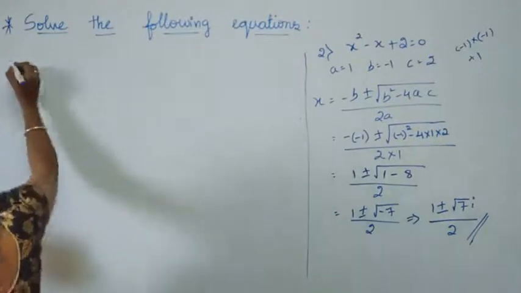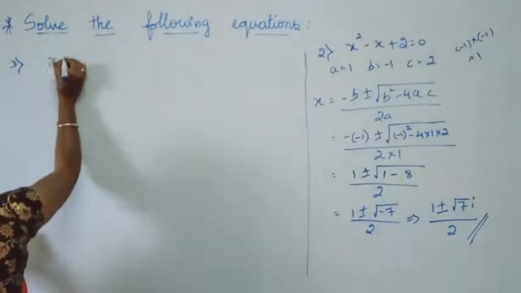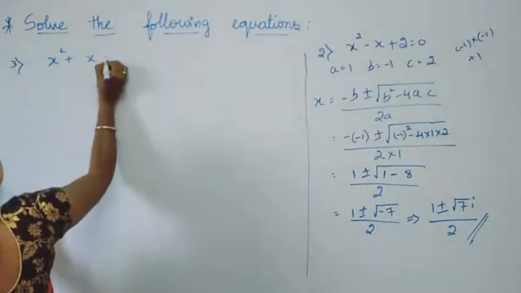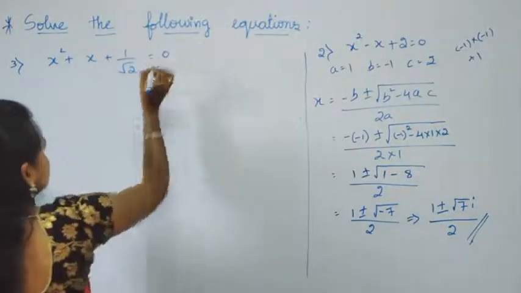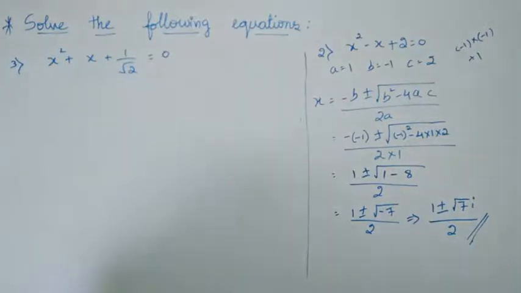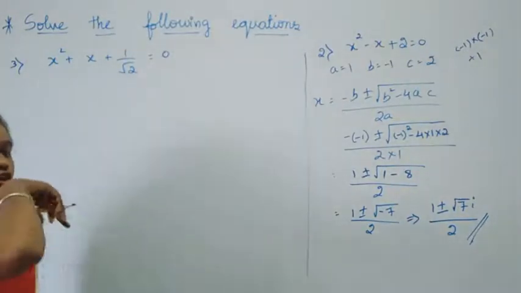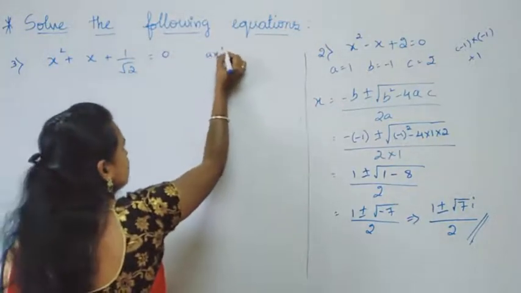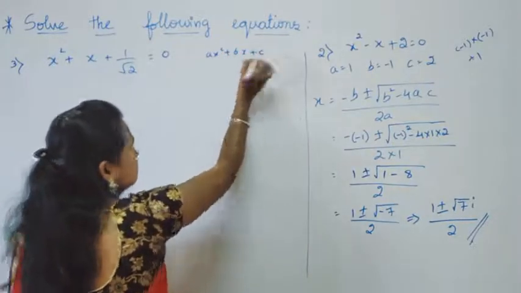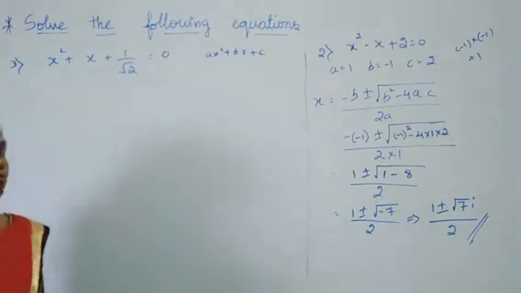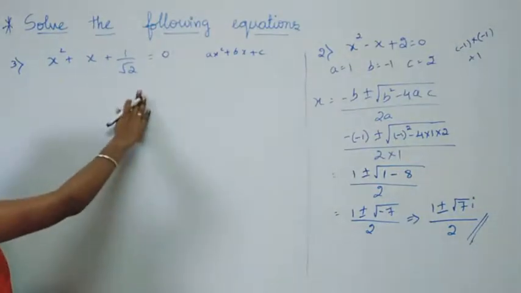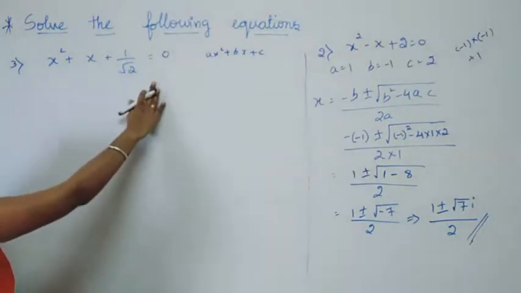Third problem is x square plus x plus 1 by root 2 equal to 0. Observe that this is not of the form ax square plus bx plus c. So first you have to convert this to this form. For that, multiply the whole equation by root 2, because in the denominator we have root 2.